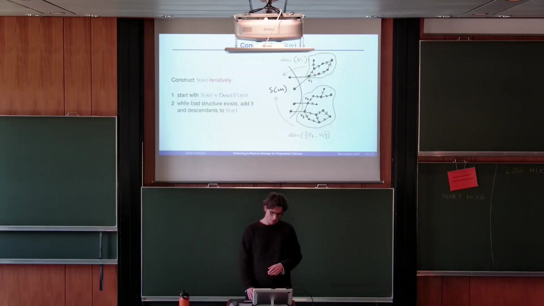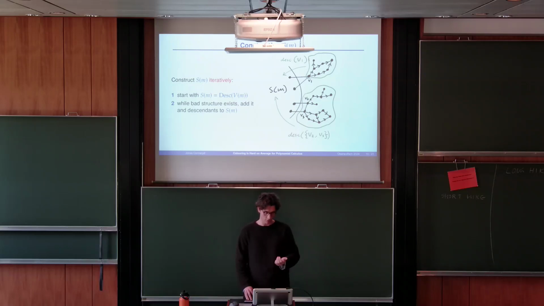So the idea is that we want to get rid of the obstructions, and we'll just do it in the most direct way. We will construct this set S of M in an iterative way, where we start with S of M just being the vertices most relevant to the monomial, the vertices it mentions, as well as the descendants of the vertices that the monomial mentions.